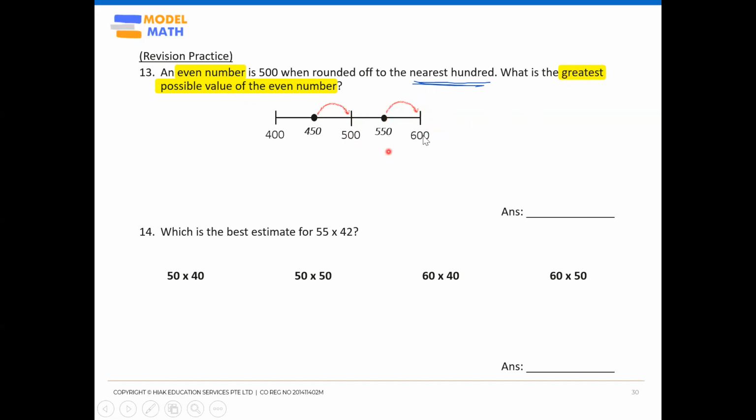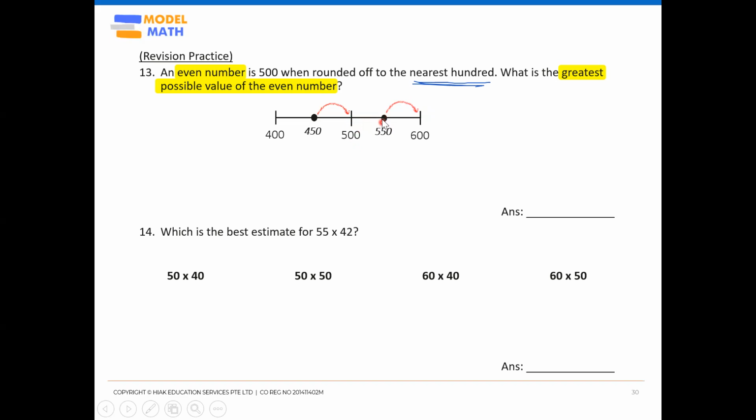So on the right side, let's look at the midpoint. Will this midpoint be the greatest that rounds down to 500? It will not be, because this midpoint, remember, rounds up to 600. So I need something lesser than 550 to help me round down to 500.